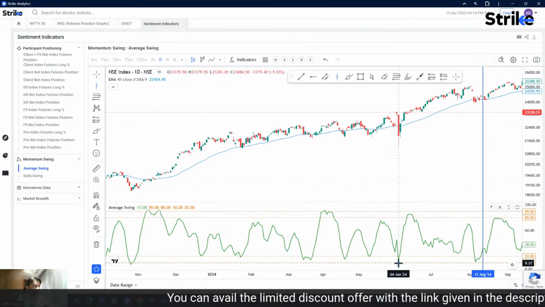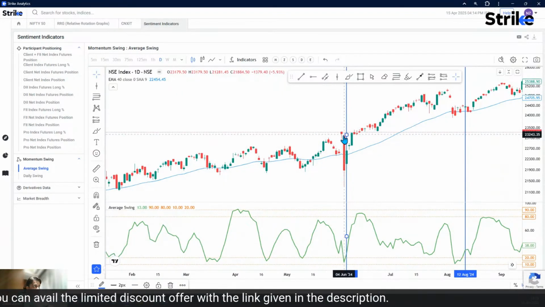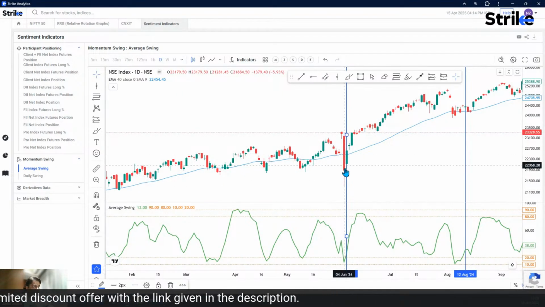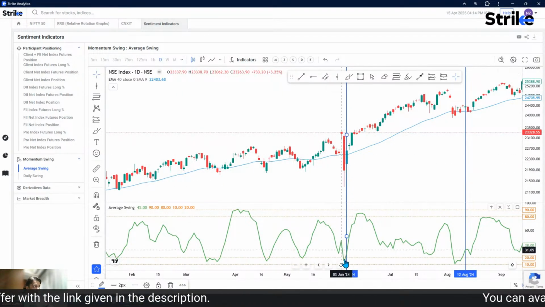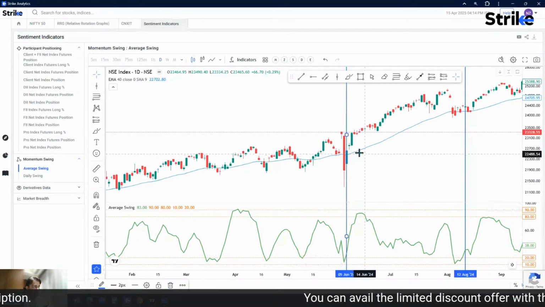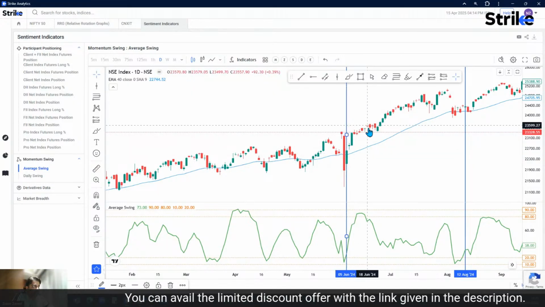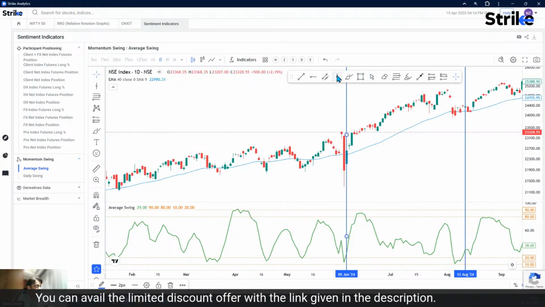Here you go. During the election last year, on the election results day, the market fell drastically on 4th of June. The average swing indicator went to an oversold level, and then it bounced back the next time, and for the next couple of days it gave a spectacular rally.